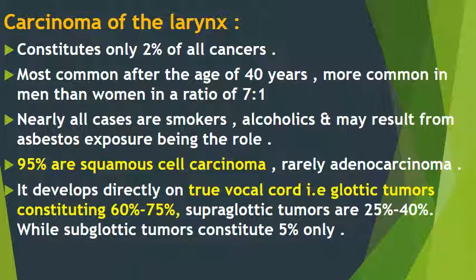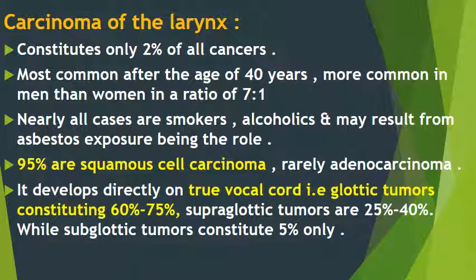The most common type of carcinoma of the larynx is squamous cell carcinoma, 95%. Rarely adenocarcinoma. It develops from the true vocal cord as a glottic tumor, which constitutes about 60–75%.